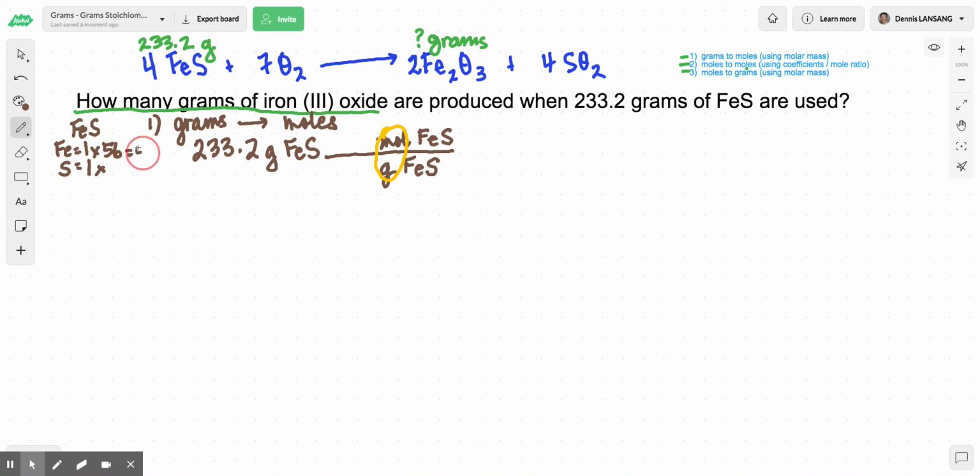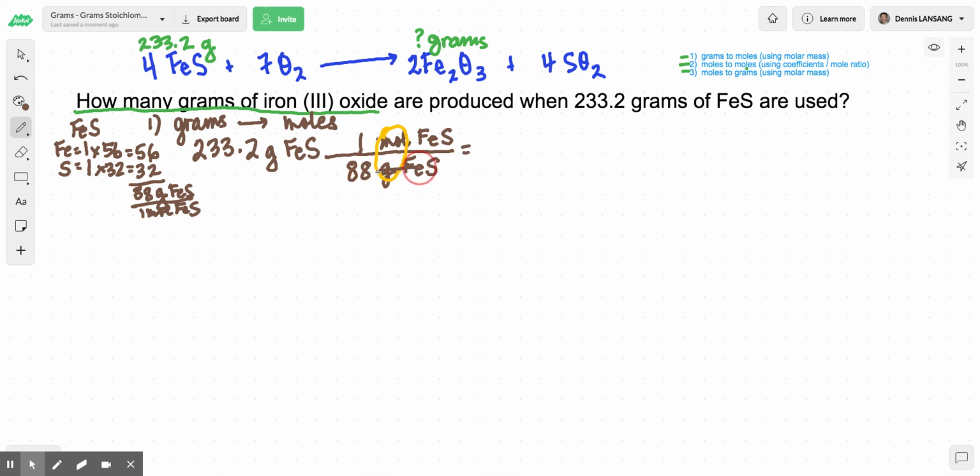Iron has a molar mass of 56 grams per mole. Sulfur has a molar mass of 32 grams per mole. And that gives us 88 grams of iron 2 sulfide in 1 mole of iron 2 sulfide. Or 1 mole of iron 2 sulfide is 88 grams.